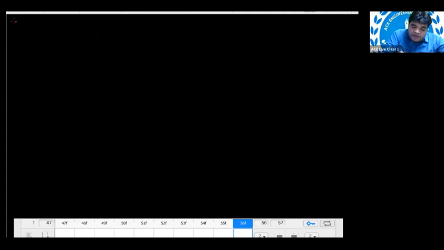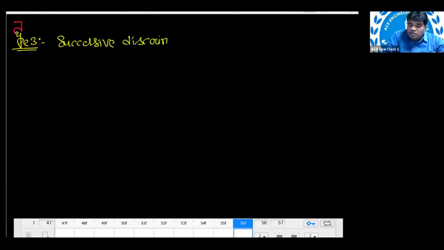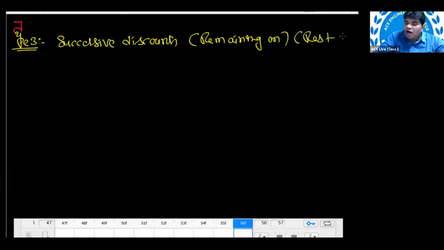Yesterday I already explained type 3. Because time and work, profit and loss, percentage of profit and loss, same concept, same models. Type 3 concept, successive discounts, remaining on or rest on.